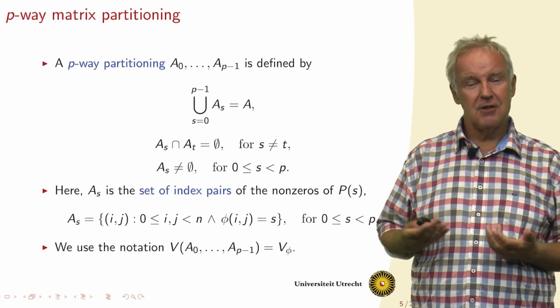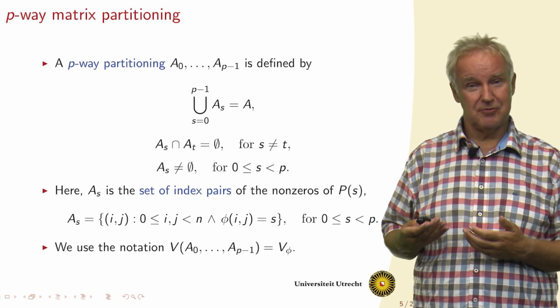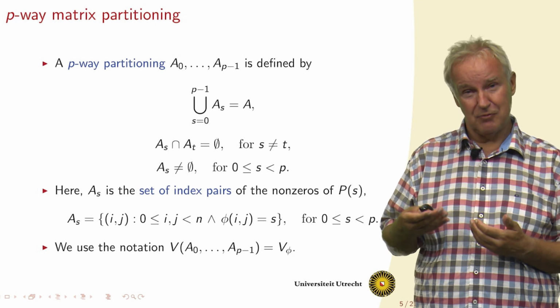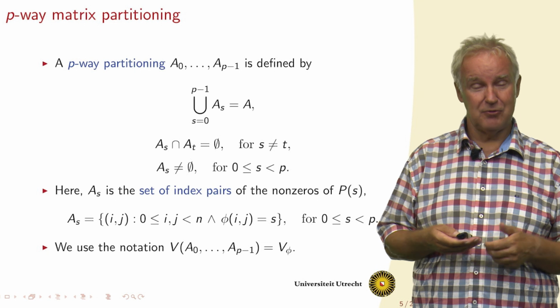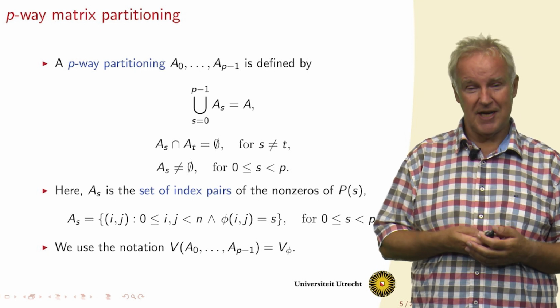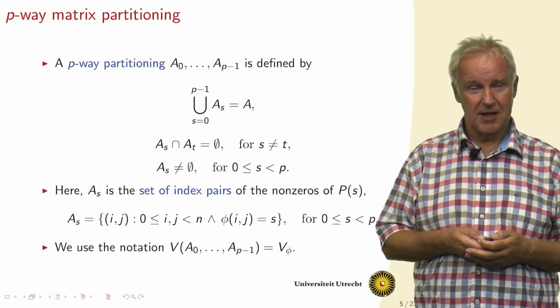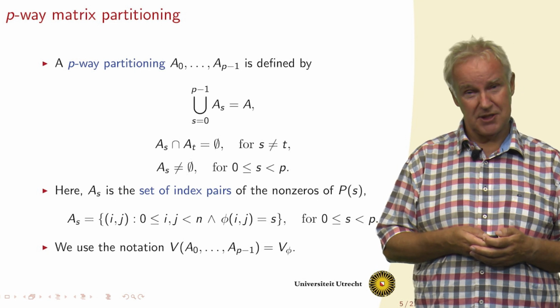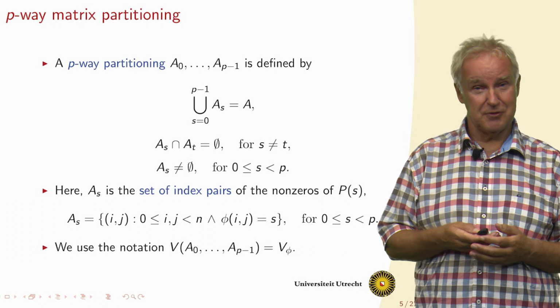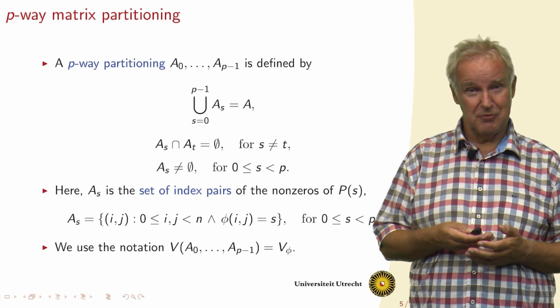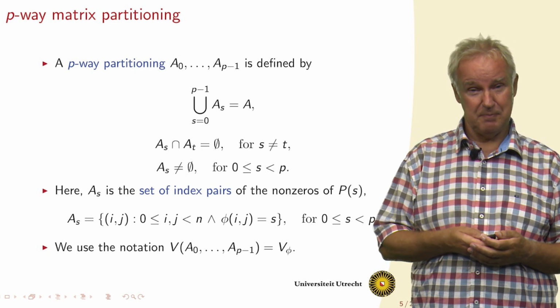And we only look at the sets of the indices. So we look at the (i,j) for the non-zeros. That defines the set A_s. And we use the notation sometimes instead of V(phi), we use the notation for the communication volume V(A_0, ..., A_{p-1}).